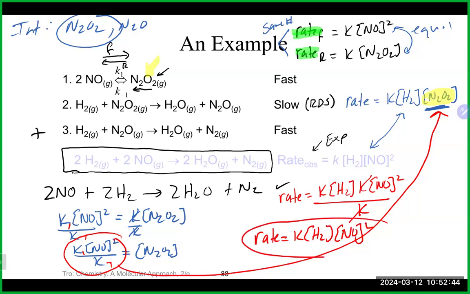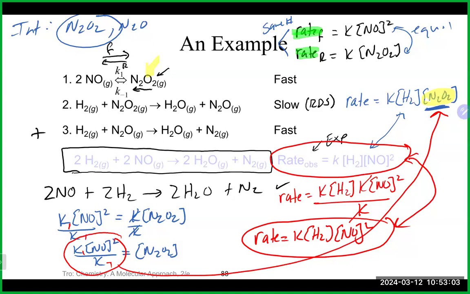And now we have a rate law that we could use to compare to the experimental rate law that does not have that intermediate in it and now doesn't match. Are they the same or different? These two are the same, yeah?